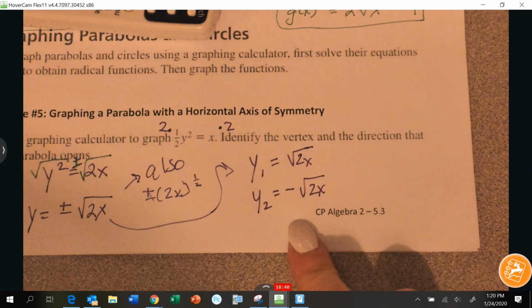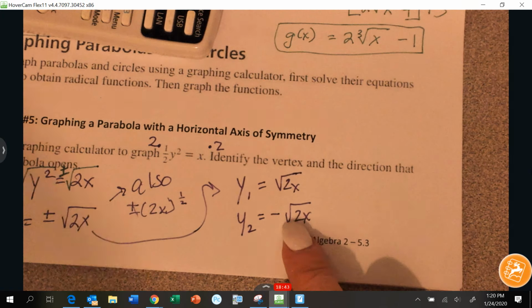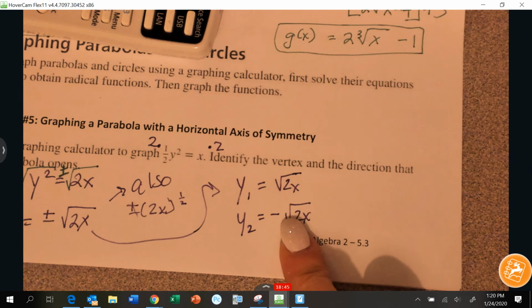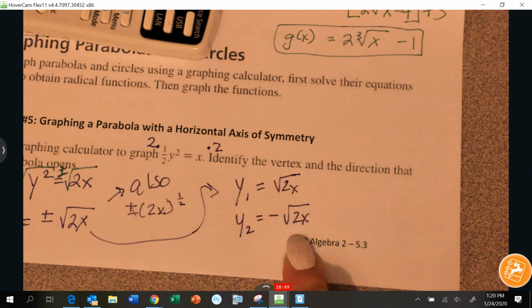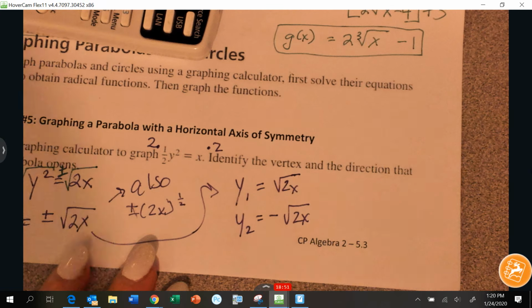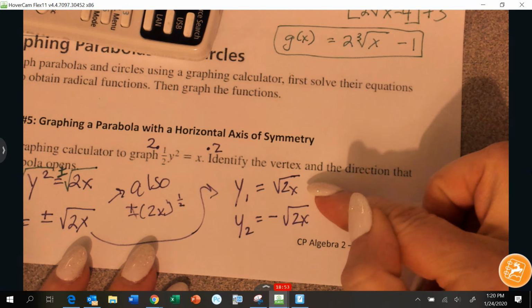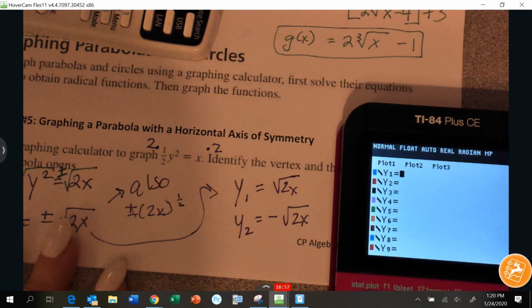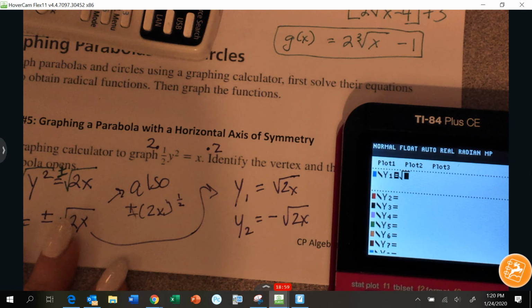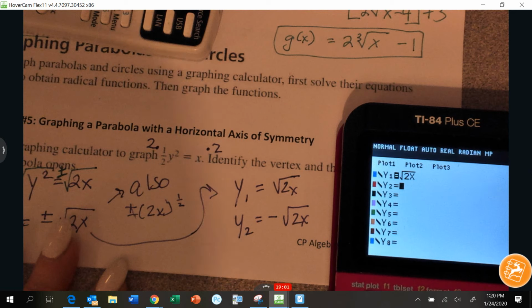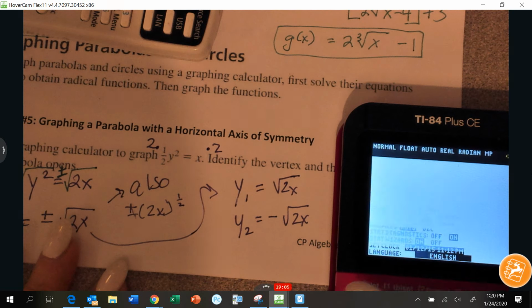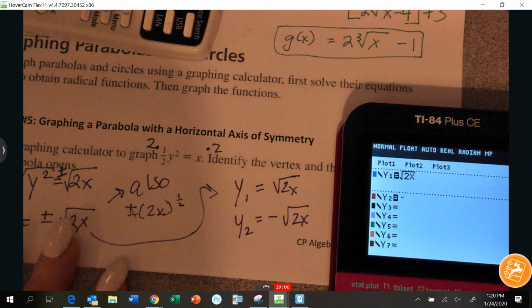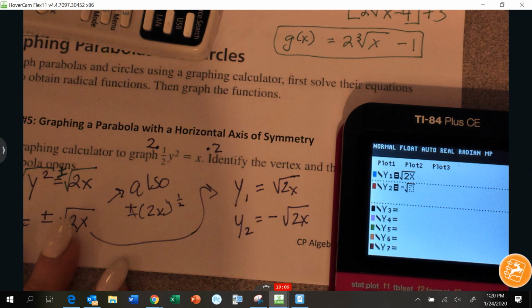On a quiz or a test, I would ask what equations you type in your calculator, so you would answer y1 is this, y2 is that. It doesn't matter, y2 could be the first one and you could flip-flop them. So y1 is square root 2x, and then y2 is negative square root 2x.